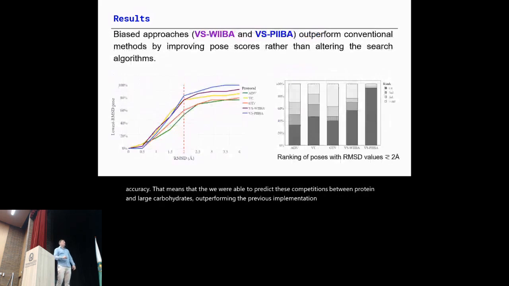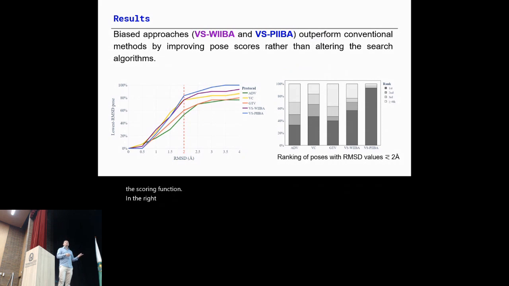And this is not because we modified the search algorithm; this is because we modified the scoring function in the right way. The other algorithms have a similar performance in finding the right pose, but they are not scored first in the ranking. So they are scoring somewhere else.